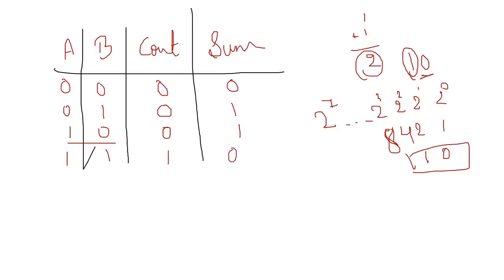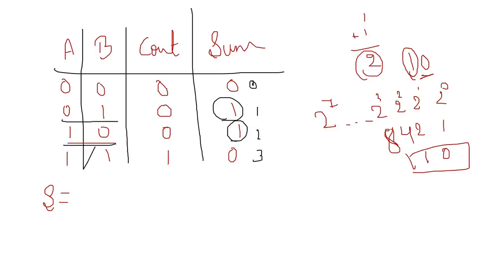Let me write the binary expression for sum now. Sum is represented as S, which is equal to, where are the ones here? The ones are at the first index position. This is 0, this is 1, 2, 3. It is not required, but let me tell you. The A, B value is 0, 1, and the A, B value is 1, 0.